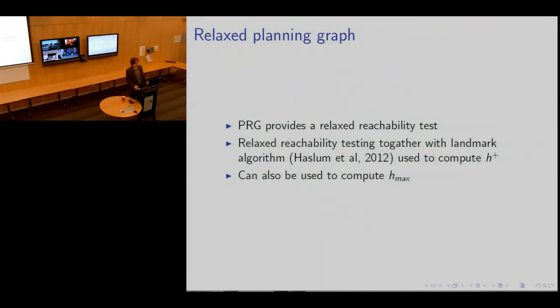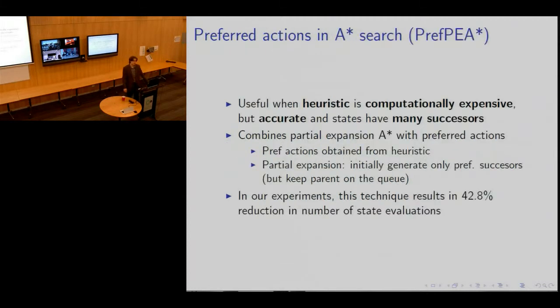The landmark algorithm interacts with our problem only through relaxed reachability testing, and we didn't have to adapt it in any way. However, we found out that computing these optimal delete relaxed plans is very expensive. So what we wanted to do is to get as much from it as possible.